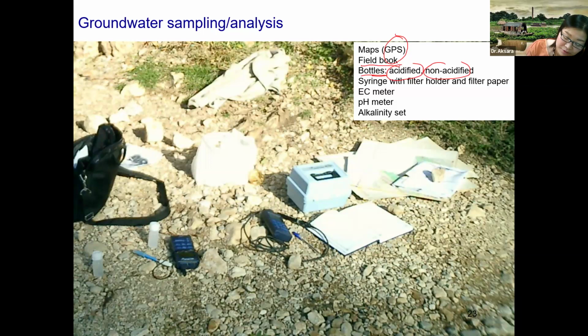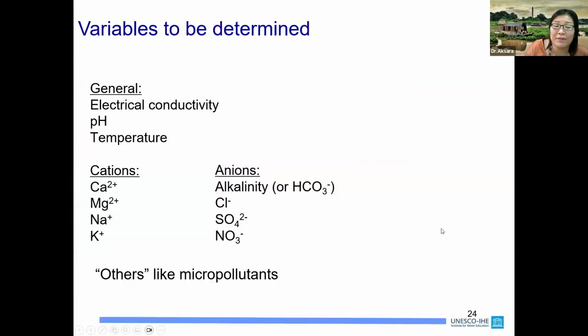We also need to have a syringe, which is very important for taking samples and filling up a small water sample bottle like that. Okay, we have an EC, electrical conductivity meter, we have a pH meter, and we also have an alkalinity set to measure the alkalinity of our groundwater samples. So these are the necessary tools that we need to have in the field.